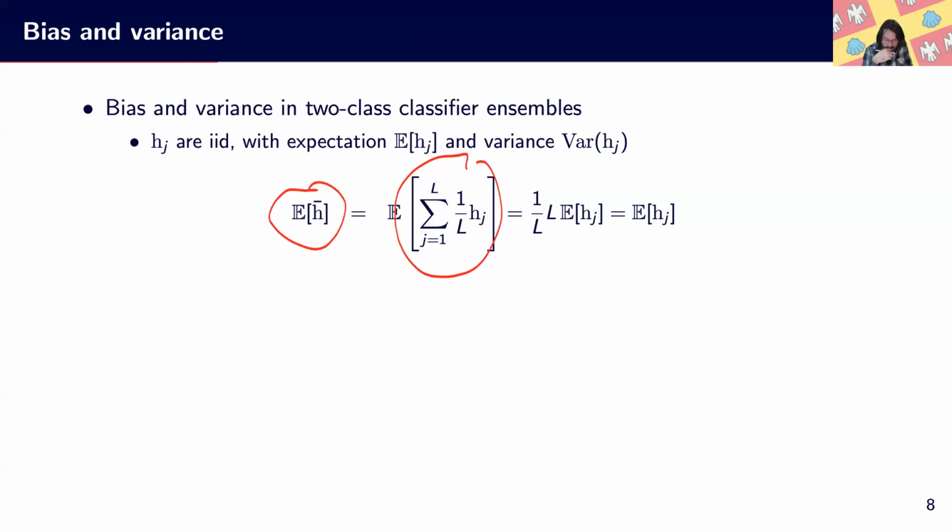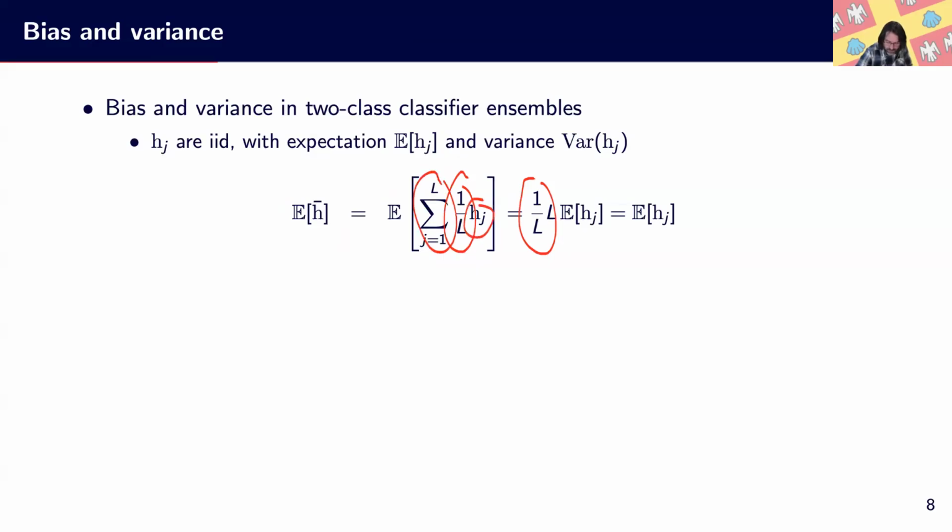And then we just say that the decision is made as the sum of hj divided by big L. Knowing that we are in the IID context, we can say that the expectation of a sum is the sum of the expectations of every element. So first, this is a constant that we move out here. And then we have the sum from 1 to L over hj.